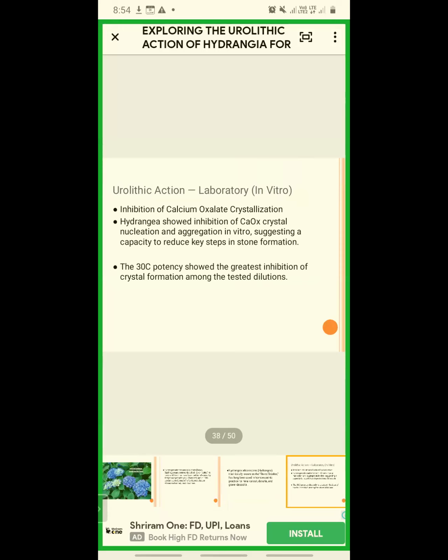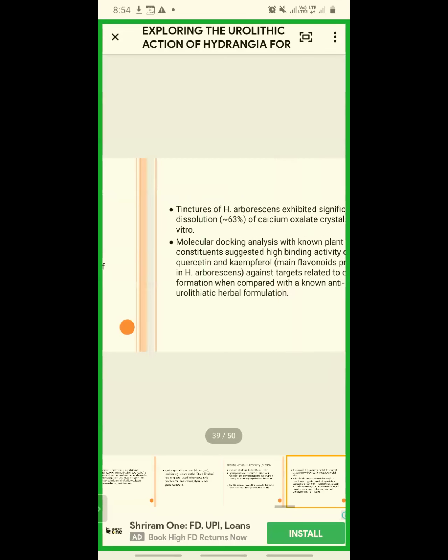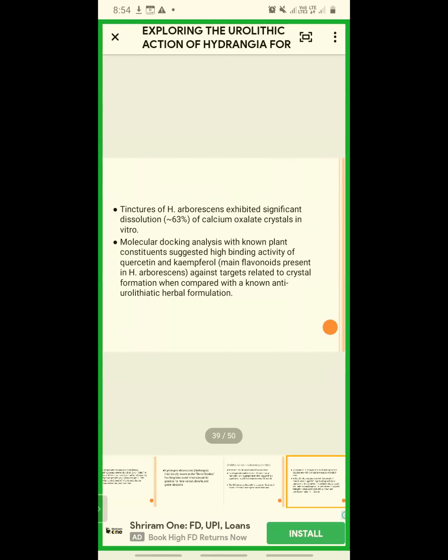Hydrangea shows inhibition of calcium oxalate crystal nucleation and aggregation in vitro, suggesting the capacity to reduce stone formation. When the study is carried out with 30 potency, it shows the antiurolithic action. The tinctures of Hydrangea exhibit maximum significance in dissolution of calcium oxalate crystals, mainly by a new technique.